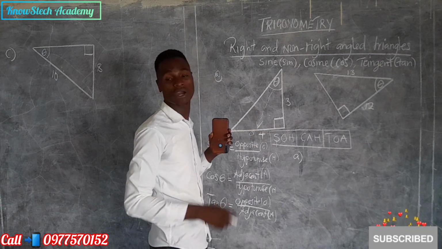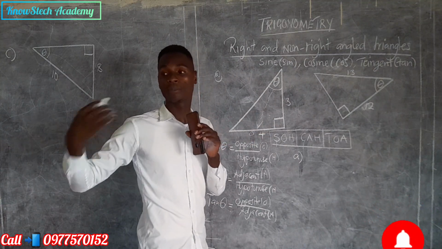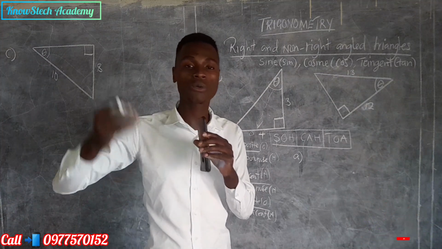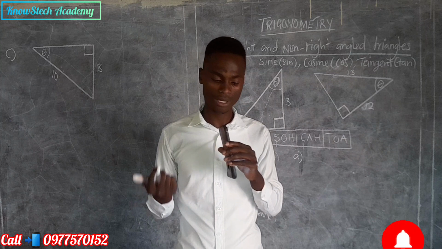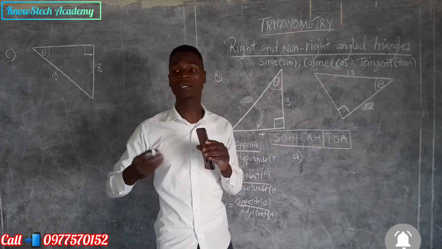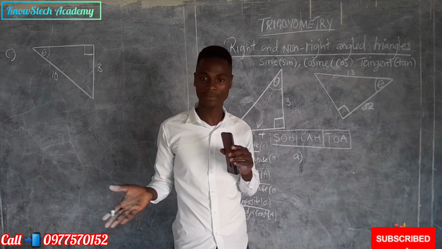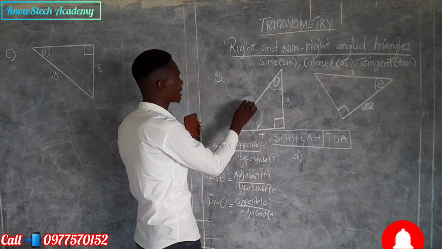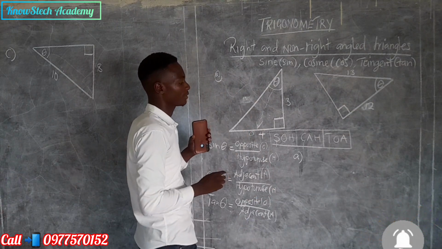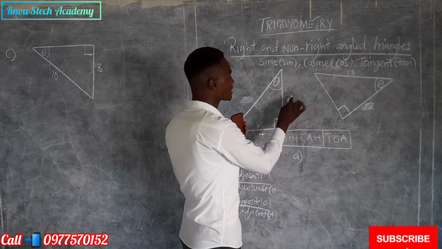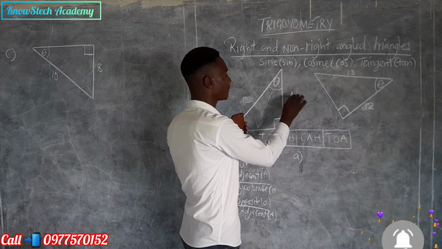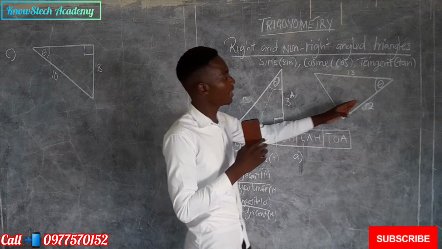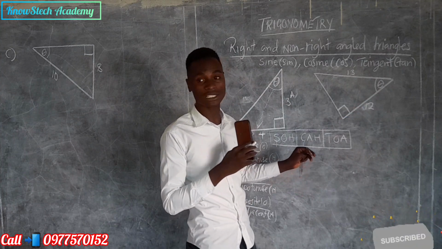The longest side is called the hypotenuse, and it will always be the hypotenuse. So we just write H. Then the remaining side is adjacent, A.